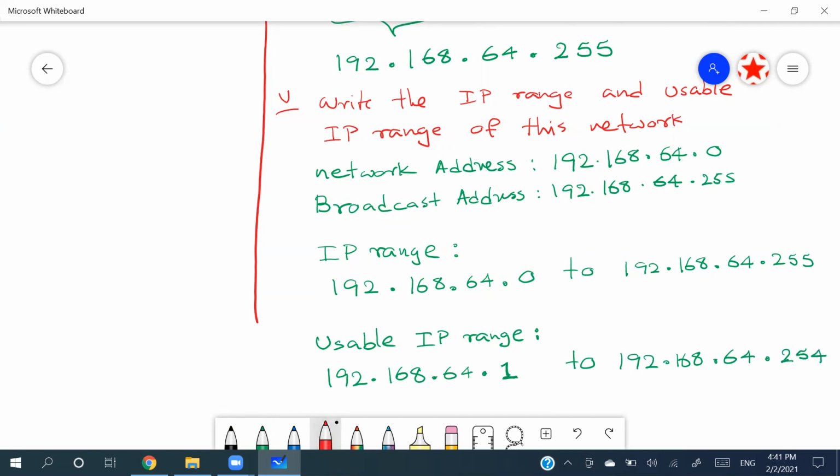Right, so this is the next address of the network address. This is the previous address of the broadcast address. දීලක clearද?